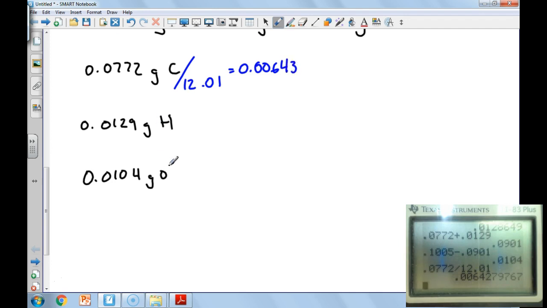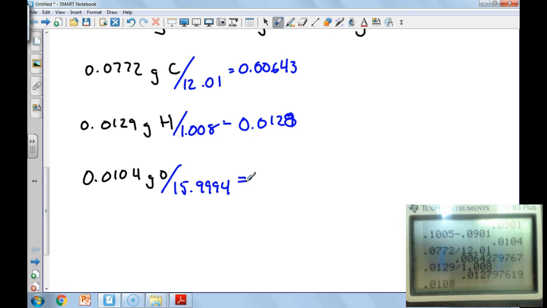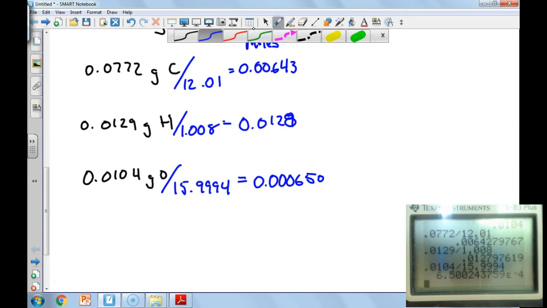Now I'm going to do the same thing with hydrogen and oxygen. Now that I have the moles, that's in essence what we're doing here. Okay. Now I'm going to do the next step, and the next step is finding the ratio.